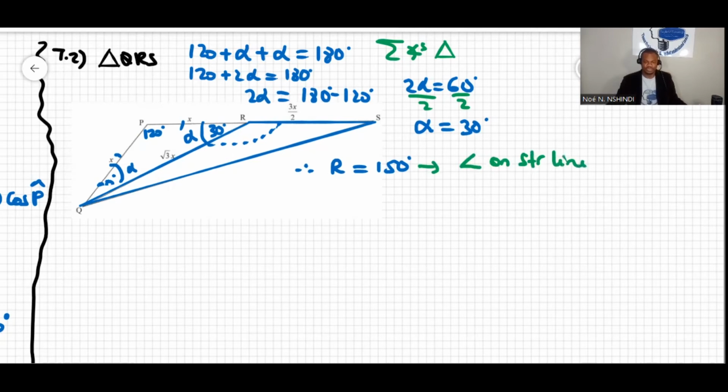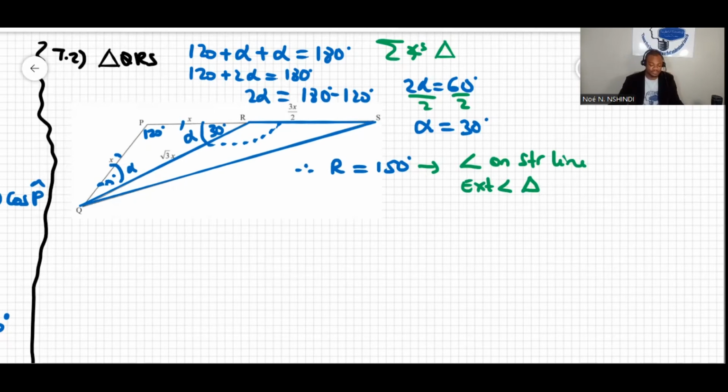Or we can also use the external angle in the triangle, so it can also be that R is equal to 150 degrees.